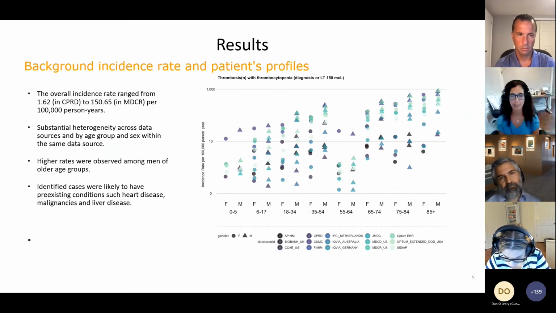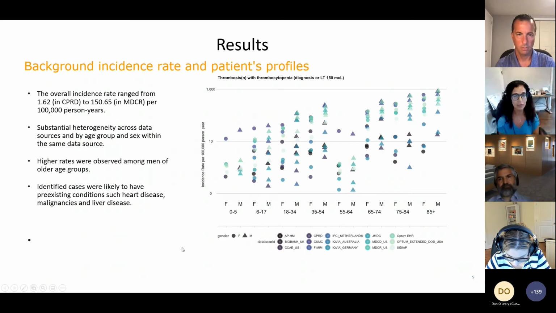That is any kind of thrombosis, using a broad set of thromboses, with a diagnosis or a measurement of thrombocytopenia, depending on the availability of measurements in the database. What we found, and you see it here broken down by age and gender and across the 17 databases in the study.